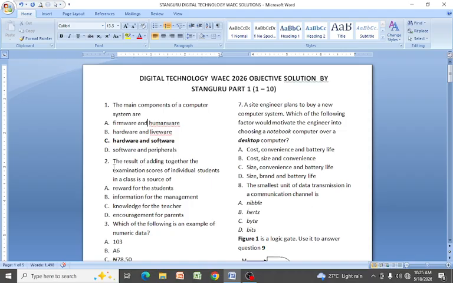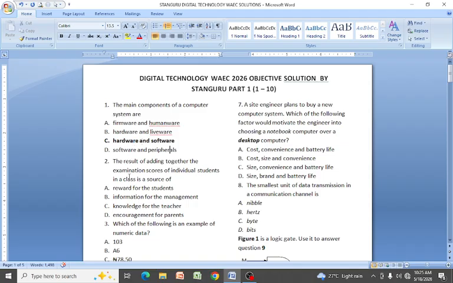D is not the answer because software is a program, which is correct, but peripherals are external devices like our printer and our mouse, not a core system part. Option B has hardware, which is correct, but liveware refers to the users, not a system component, and that is why option C is correct.